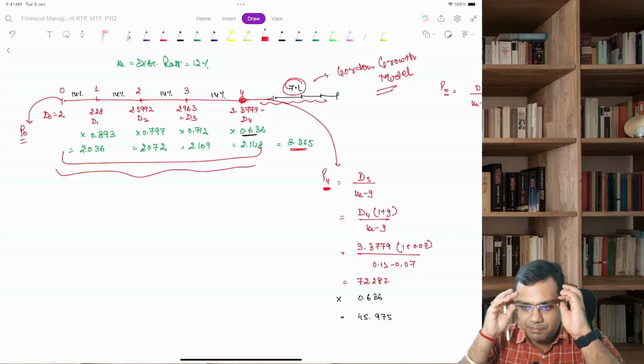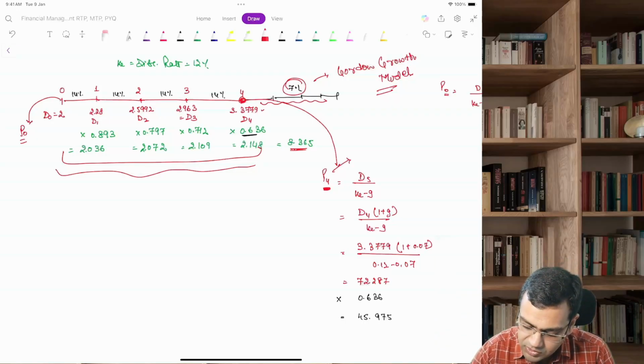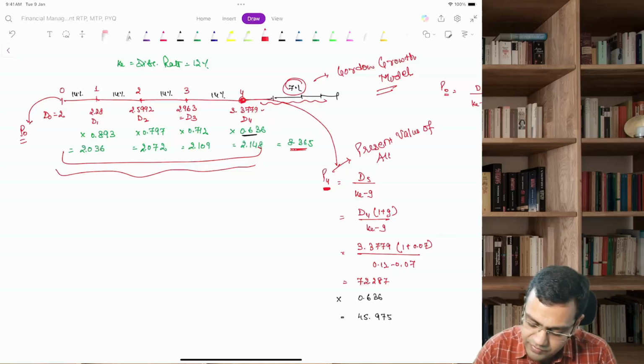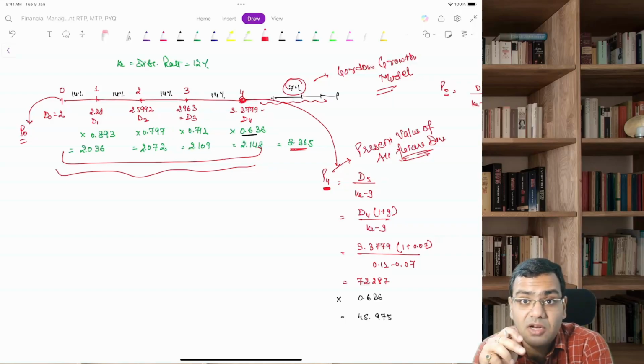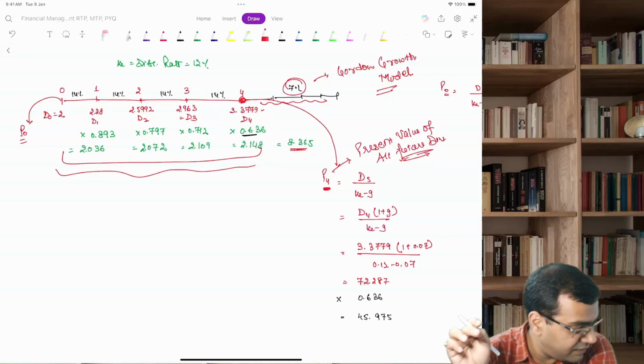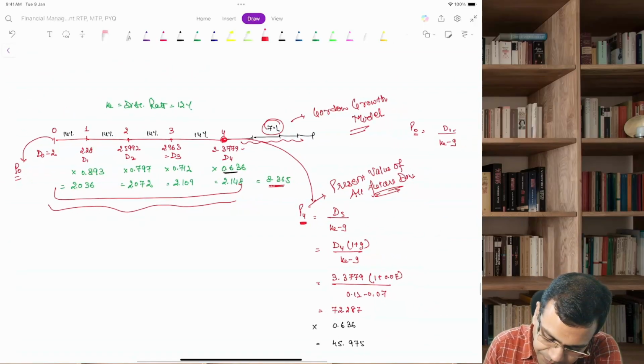This represents the present value of all future dividends. So we calculated P4 because we cannot calculate the individual dividends of each and every year. Right? So this is how it is being done.